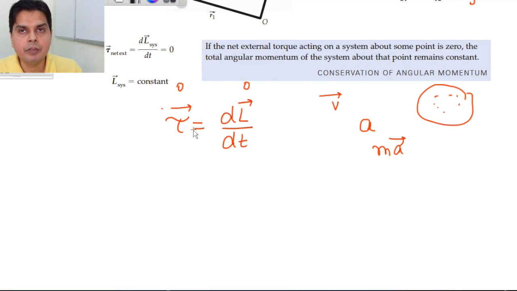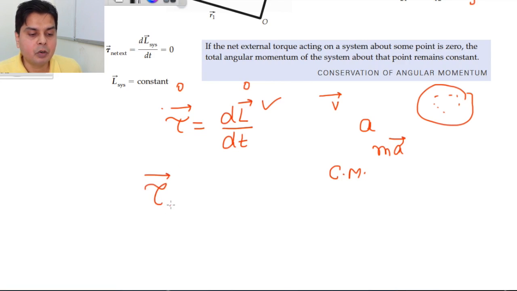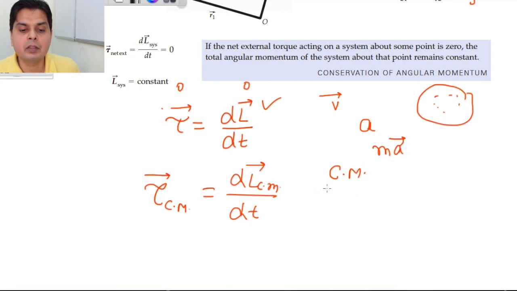But there is one very interesting and particular case. What will happen if this origin, although it is accelerating, happens to be my center of mass? In that case I will say this equation will hold, that is, torque about center of mass will be dL about center of mass by dt, even when this center of mass is accelerating.